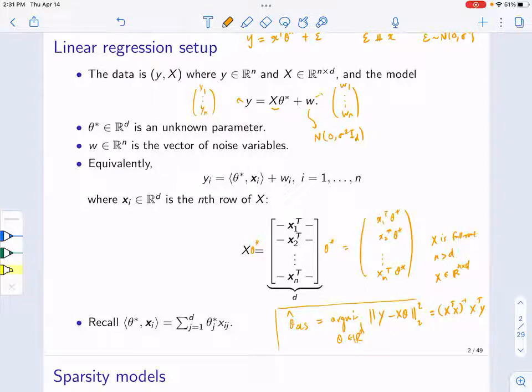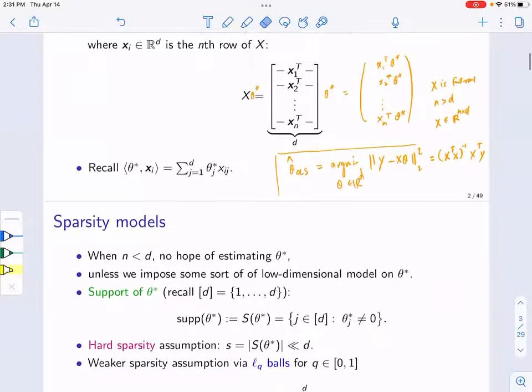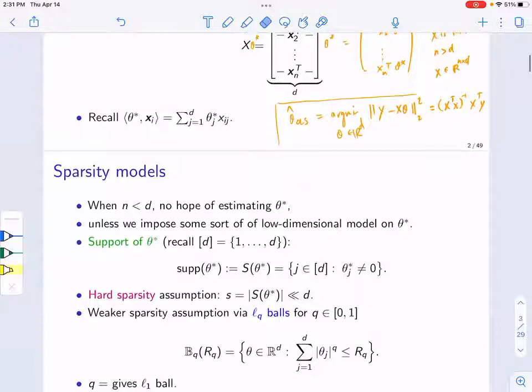So, anyone remembers what was the solution or some of the solutions that we talked about? Yeah, okay, great. So you should add some constraints on theta, and the main one that we care about in this course is sparsity.